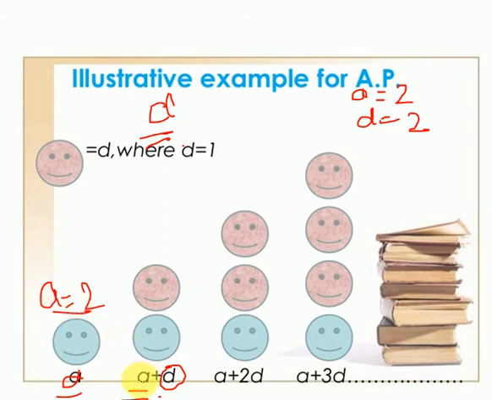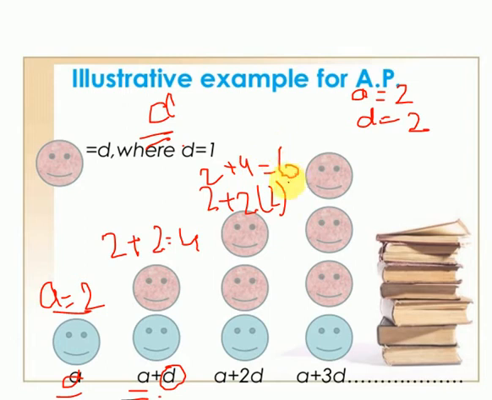So how will I find it? a plus d. a is 2 and d is 2, that is 4, right? Now I will take the third term. The third term will be a plus 2d, meaning a plus 2 times d. So it will be 2 plus 4, that is 6. Now my fourth term will be a plus 3d, and a is 2 plus 3 into 2, so it will be 8.